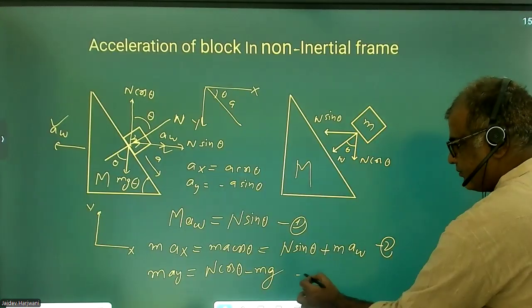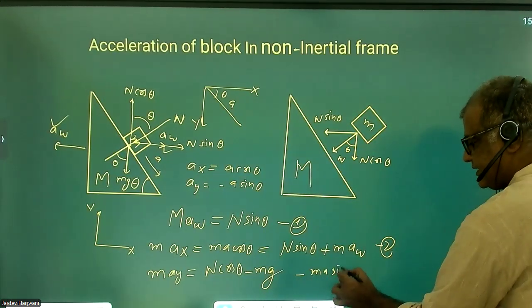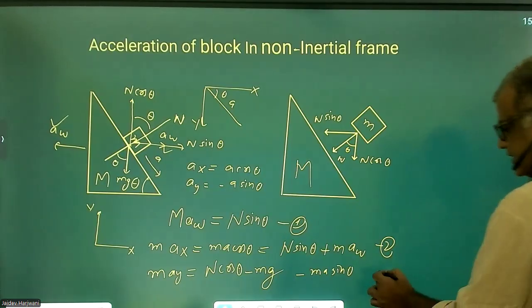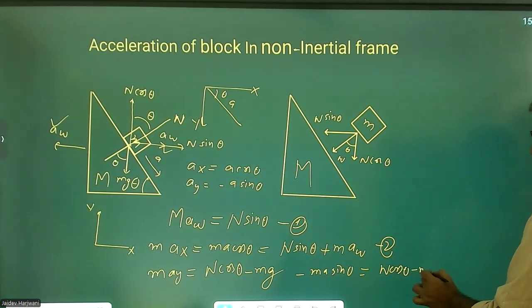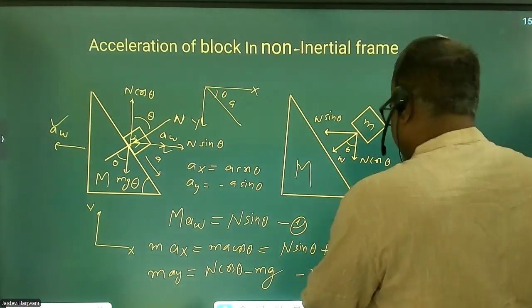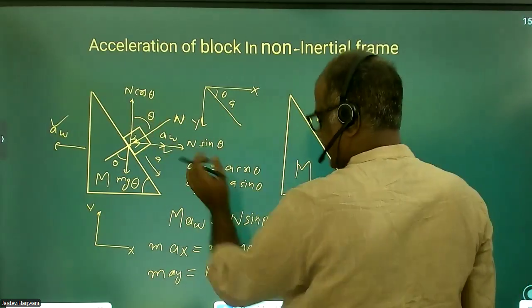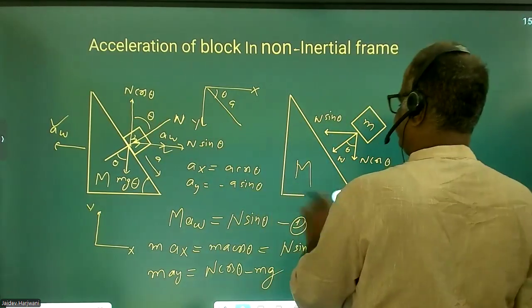So I can write minus m a sine theta is equal to N cos theta minus mg, and I say this is my equation number 3. Now we have written all the equations. Now we have to solve equations 1, 2 and 3 and find a_w and a. So let us do it.